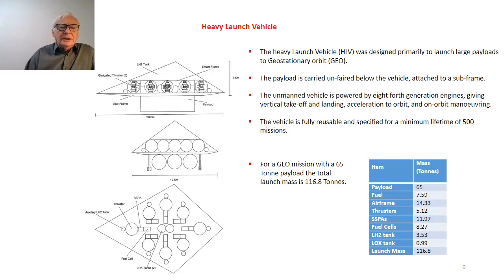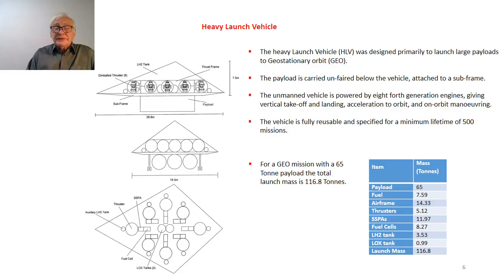The design is pretty straightforward. You have the 8 thrusters arranged in the main thrust frame, above which you carry a very large triangular liquid hydrogen tank, and below which you hang the payload.